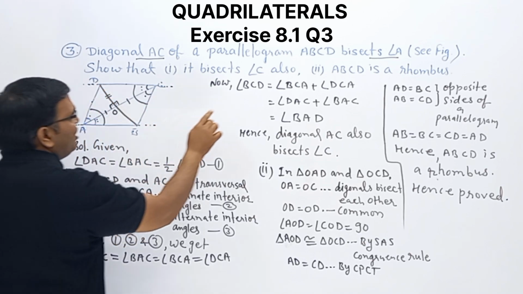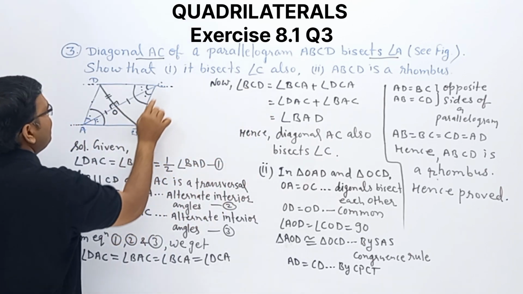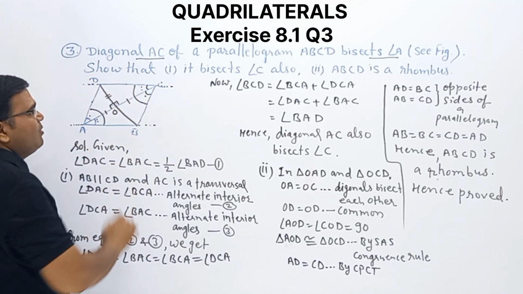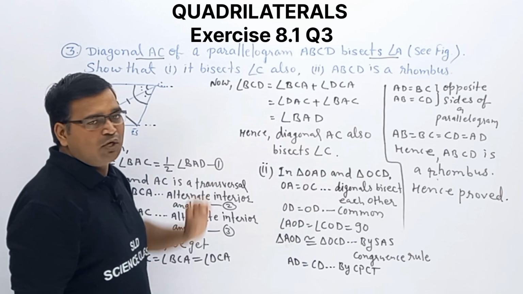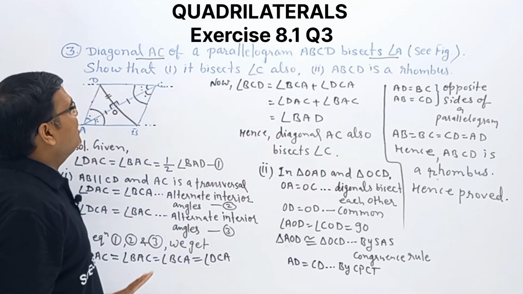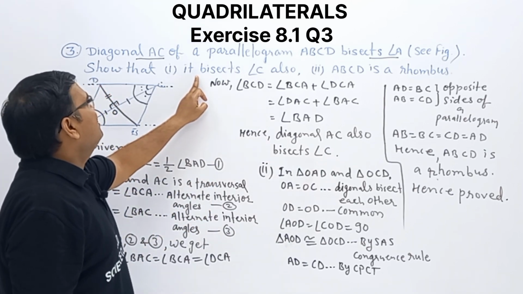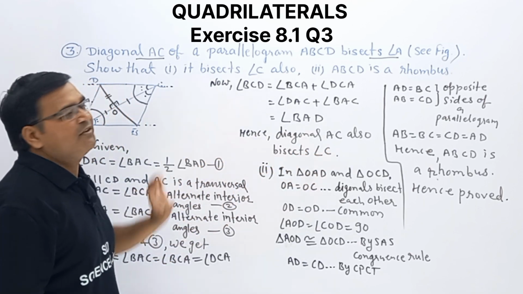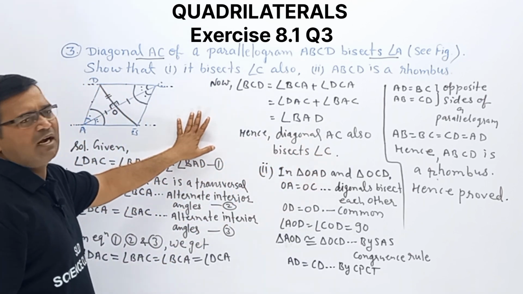Angle BAD. It means angle BCD will be equal to angle BAD. It means both are equal. So finally what we can say? Diagonal AC also bisects angle C. We proved the first thing. Simple process, not hard.